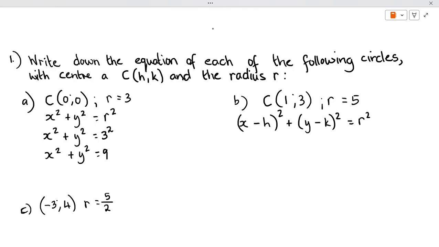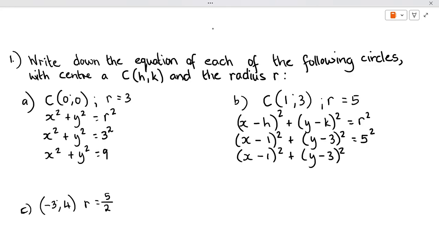We would then have x minus 1 squared plus y minus 3 squared equal to 5 squared. And so my final equation would be x minus 1 squared plus y minus 3 squared equal to 25.